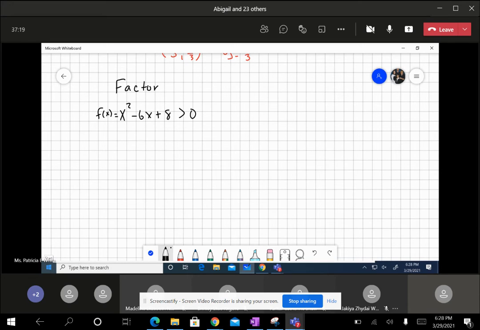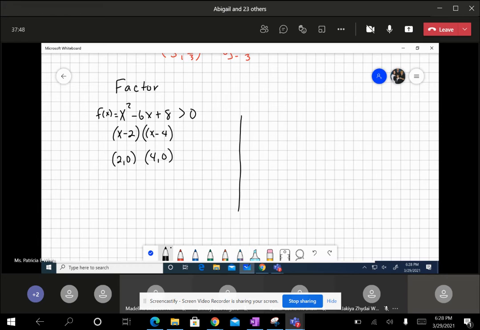So what can multiply to get an 8 and add to get a negative 6? Minus 2, minus 4. So that gives me the x-intercepts of 2, 0 and 4, 0.